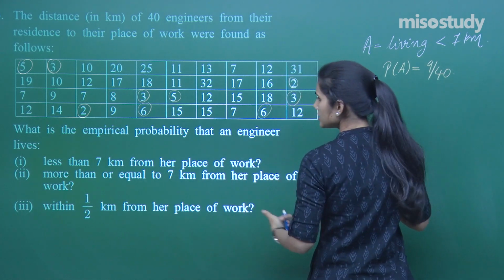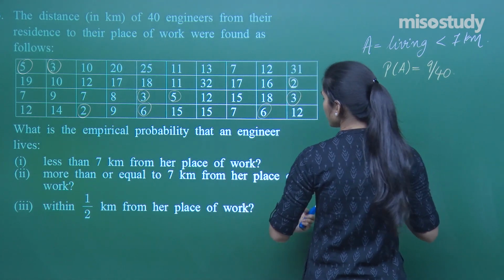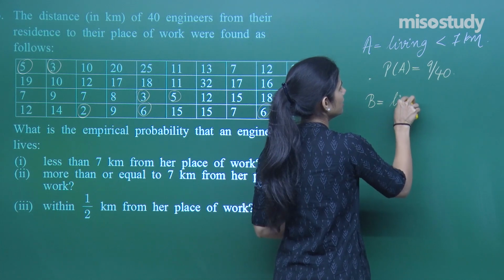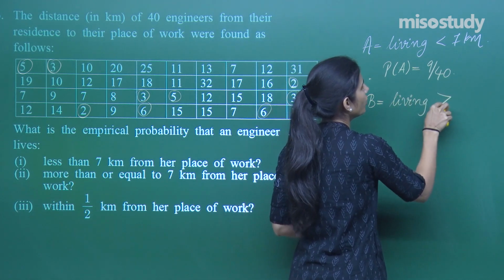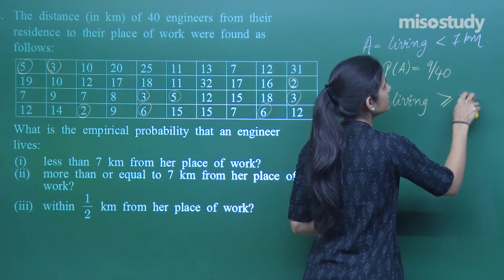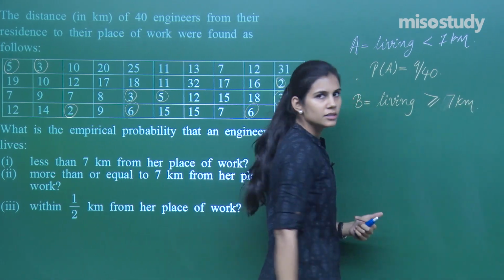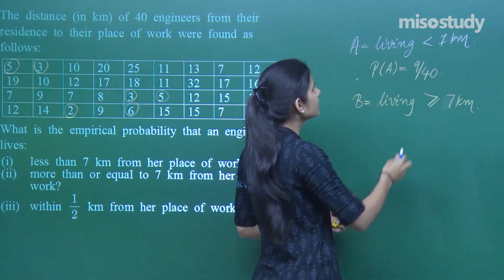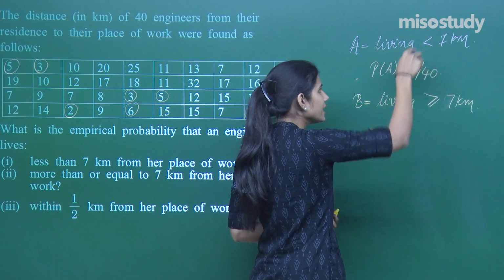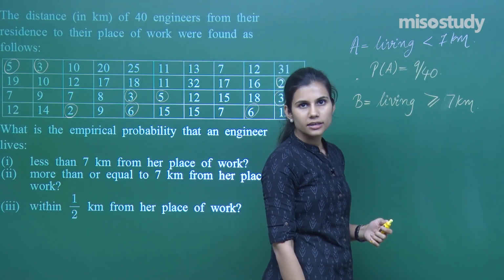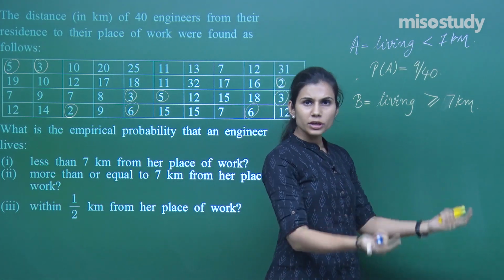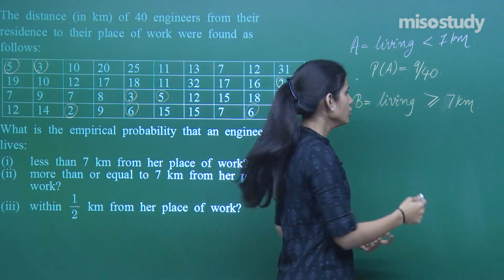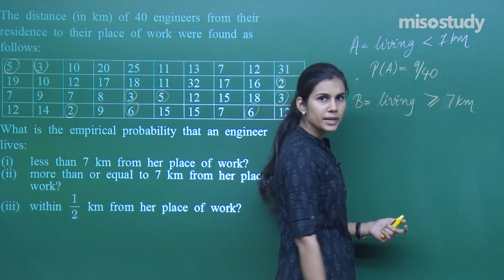If I say B is more than or equal to 7 kilometers, living more than or equal to 7 kilometers. If out of 40 are living less than 7 kilometers away, the rest of them are living greater than or equal to 7 kilometers away, obviously. So how many are in favor of B?